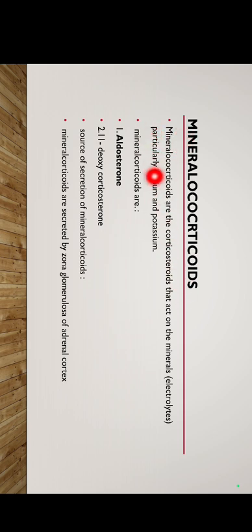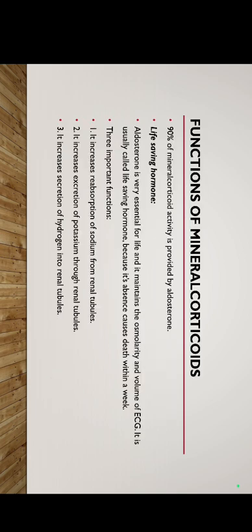The mineralocorticoids are the corticosteroids that act on minerals, electrolytes, particularly sodium and potassium. Mineralocorticoids are aldosterone, and another form is 11-deoxycorticosterone. The source of secretion of mineralocorticoids is the zona glomerulosa of the adrenal cortex.